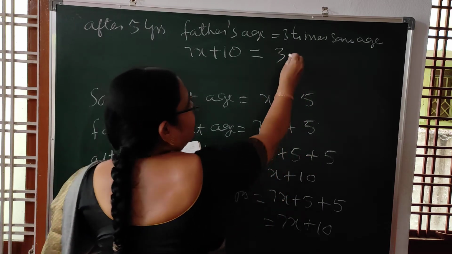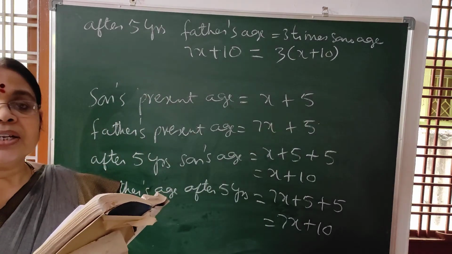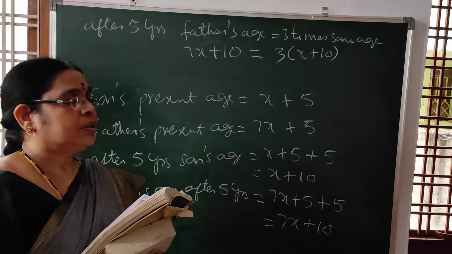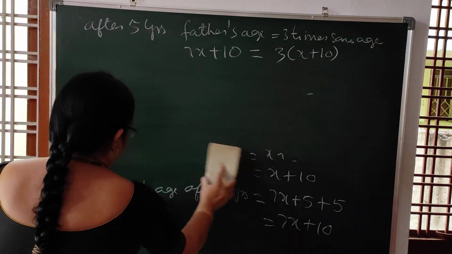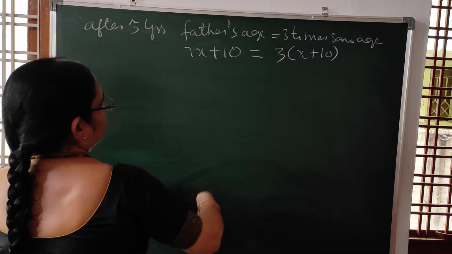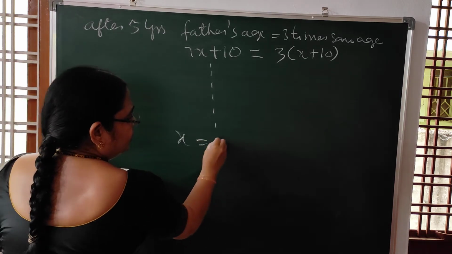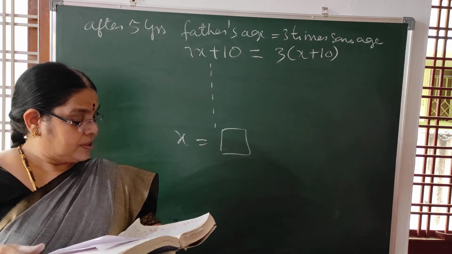His son is x plus 10 years. So the equation you are going to get is 7x plus 10 is equal to 3 into x plus 10. Solve this equation. When you solve it, you will get x is equal to something.